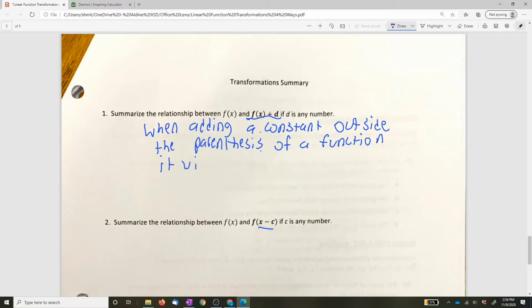It will shift just the y's up or down. And that's going to be called a vertical shift.